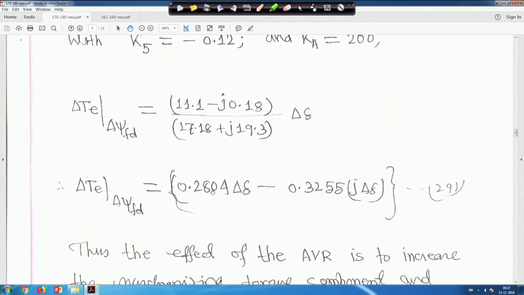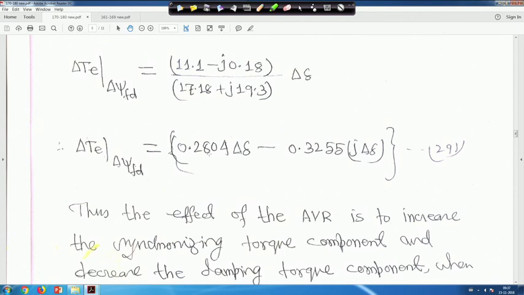This part is the synchronizing torque component, and this is the damping part, because j delta delta is 90 degrees out of phase with delta delta, as you have seen in your phasor diagram.